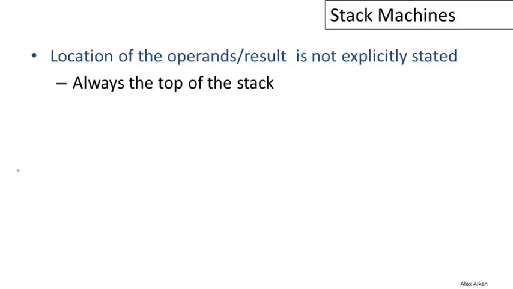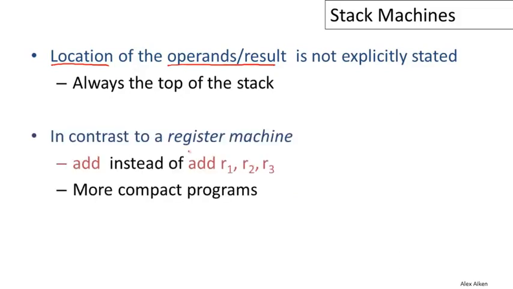Now, one interesting property of stack machine code is that the location of the operands and result is not explicitly stated in the instruction. That's because these instructions always refer to the top of the stack. This is in contrast to a register machine, whose instructions explicitly name where they take their operands from and where they put their results.